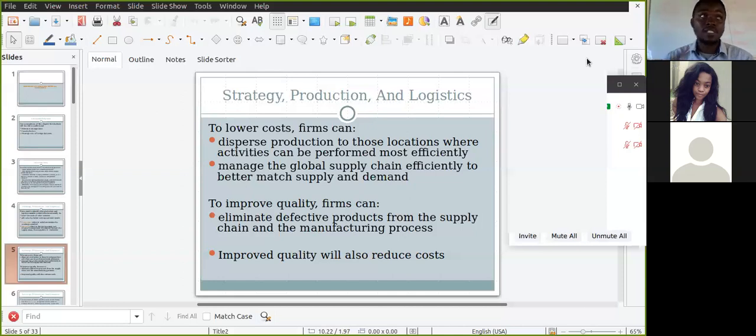Because if the demand increases for a given product, you also need to increase the supply. Hence, communication has to be met, time management has to be seen, and transparency has to be seen.